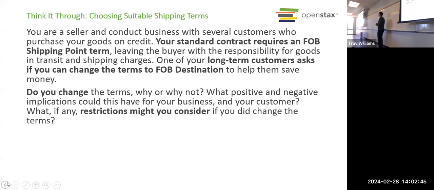Yeah, and that could be good. What else? Do we set a minimum that they have to order, or maybe a maximum that we're only going to cover up to a certain point? Or only if we're shipping within the United States, right? We might specify some sort of restrictions so that it doesn't get out of hand.